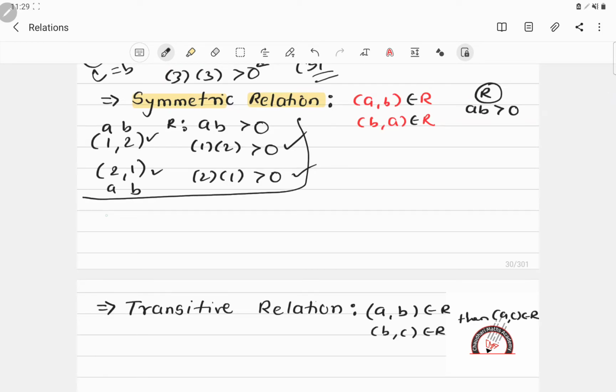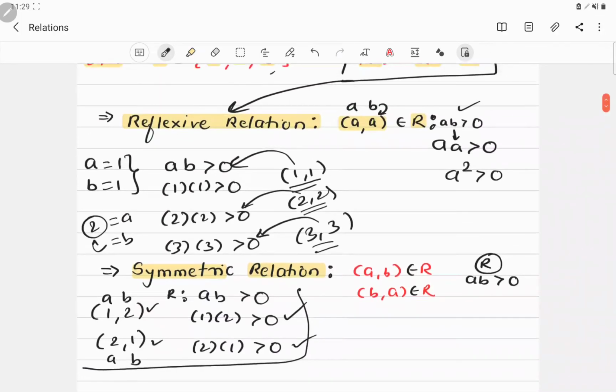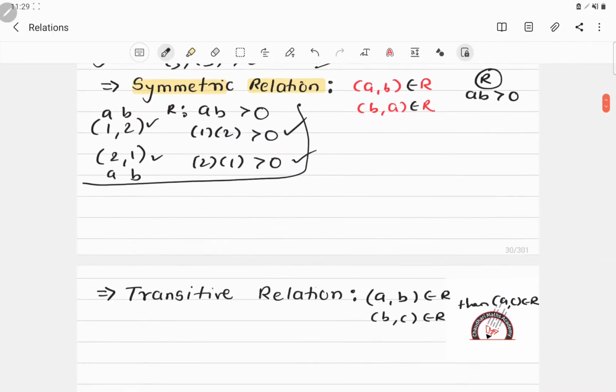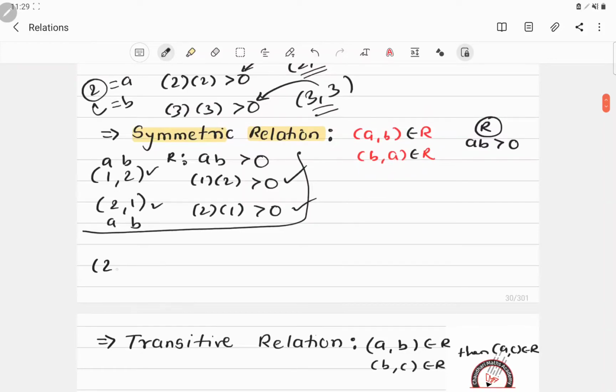If you want, you can cross check with one more. Let's say the next ordered pair among this set, quite possible, is 2 3. Let's cross check for 2 3. So a is 2, b is 3. So what is 2 into 3 as per this formula? The formula is ab greater than 0. 2 into 3, that is 6, is greater than 0. Is it correct? Then let's change the order: 3 2.